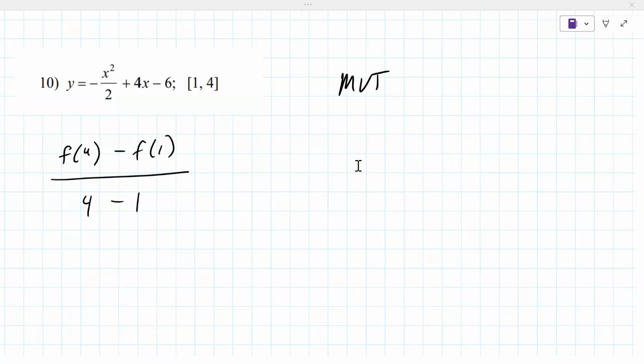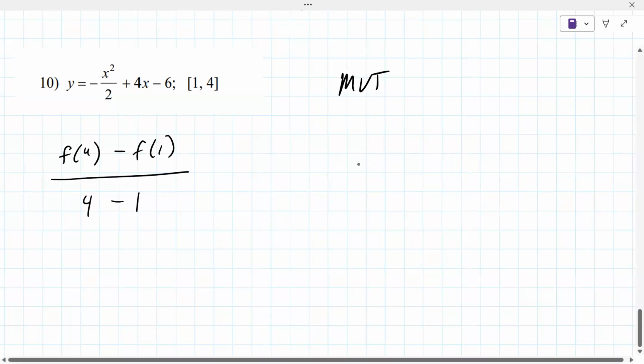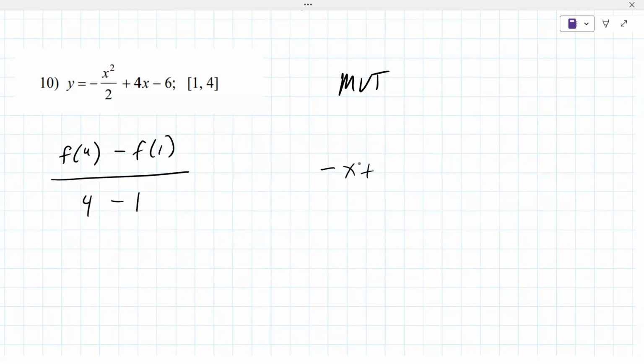Okay, so you have to set that equal to 3 halves. I got x equals 5 halves. That is correct.